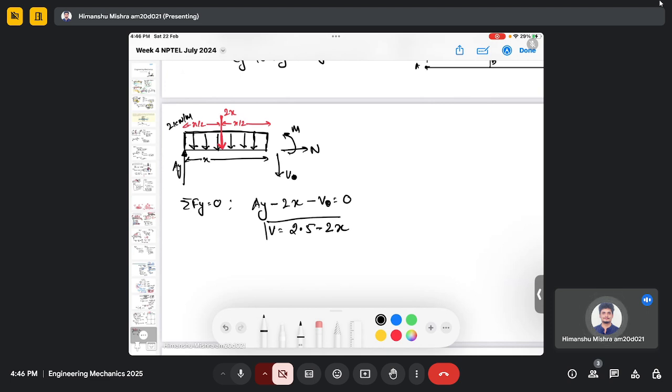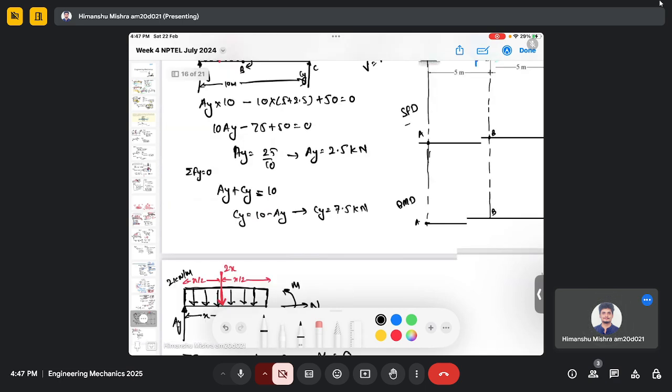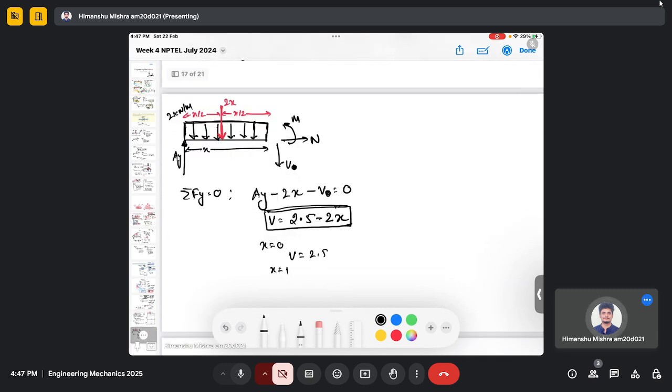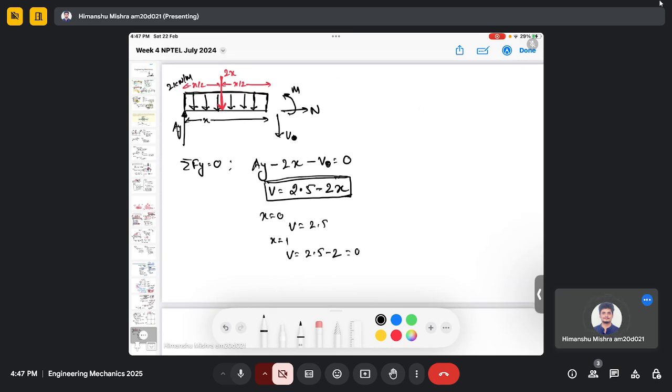So this is my expression of shear force, 2.5 minus 2x, which means that if you put x equals 0, your shear force will be 2.5. If you put x equals 1, your shear force will be 2.5 minus 2, which is 0.5. At x equals 2, your shear force will be 2.5 minus 4, and it will be minus 1.5.